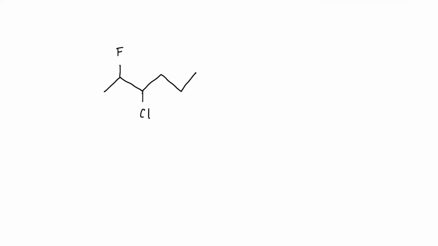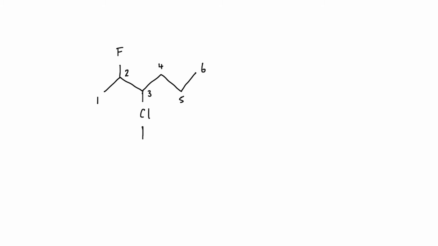Now, if we've got more than one halogen in our molecule, we are going to name them alphabetically, not numerically. So in this particular case, I want to give them the lowest possible numbers, so I would number from the left to the right.